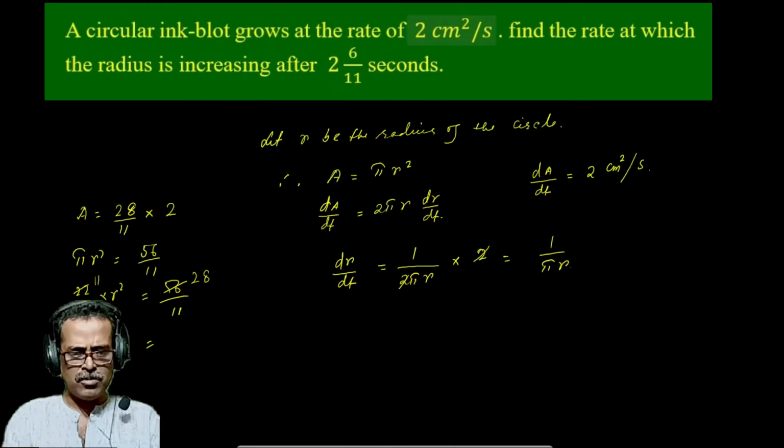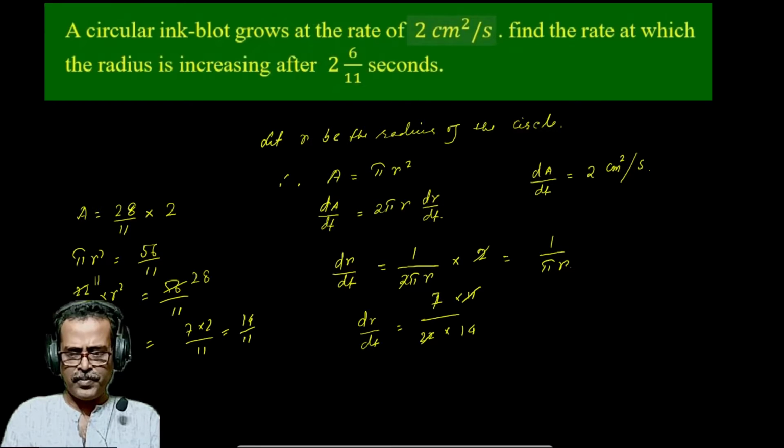So r is equal to 14 by 11. So dr/dt is equal to 1 by 22 by 7 into 14 by 11 into 2, which is 0.25 centimeter per second.